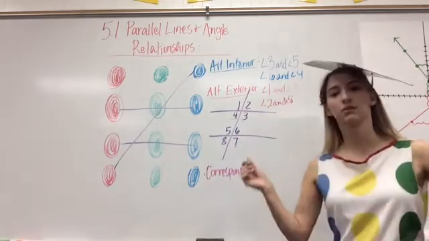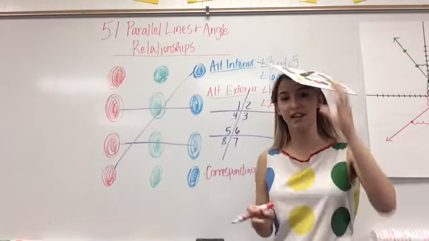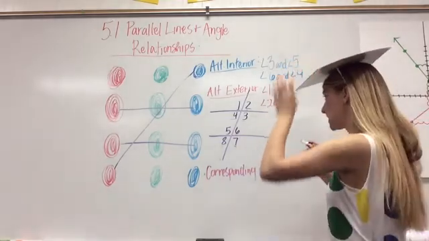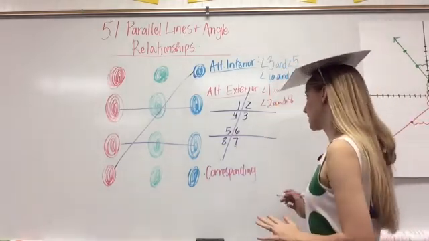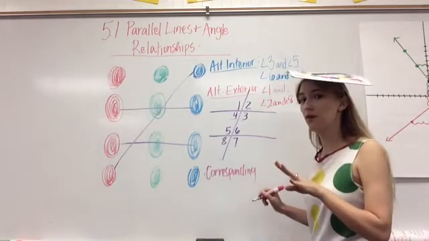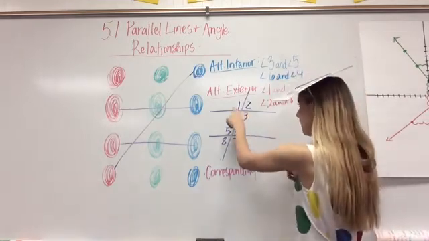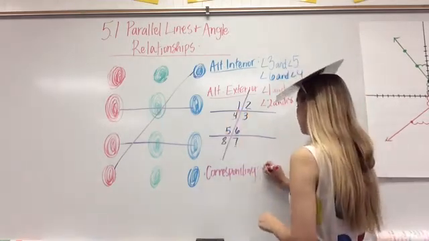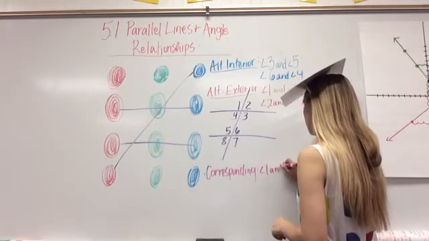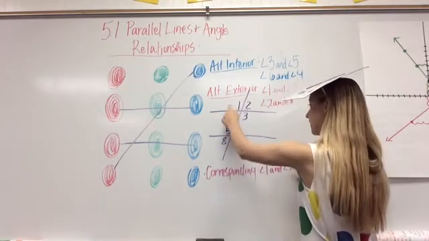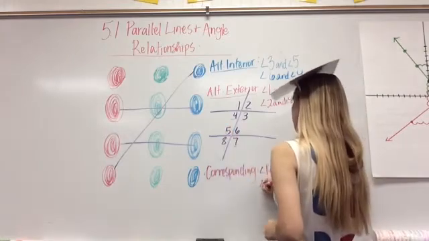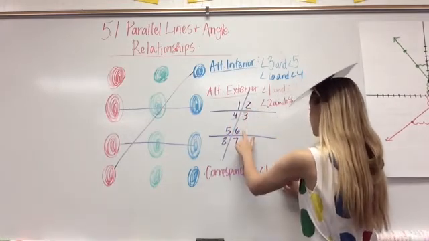Last but not least, we have corresponding. Corresponding, remember, is in the same position on the same side of the transversal. So we're going to have 4 sets of these. We have angle 1 and angle 5. And remember, these are also congruent. And angle 2 and angle 6.